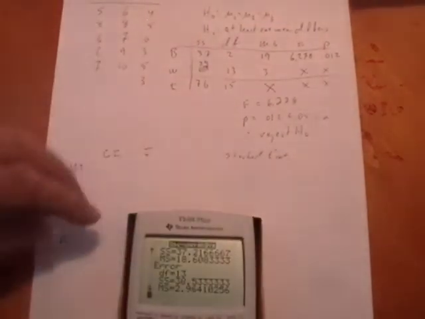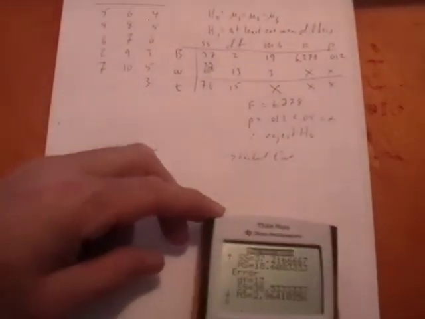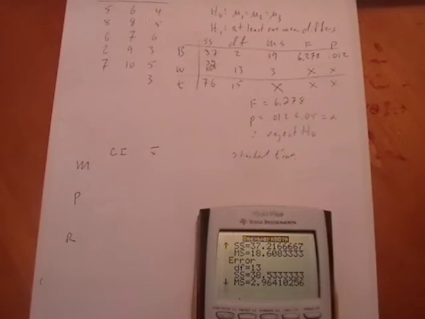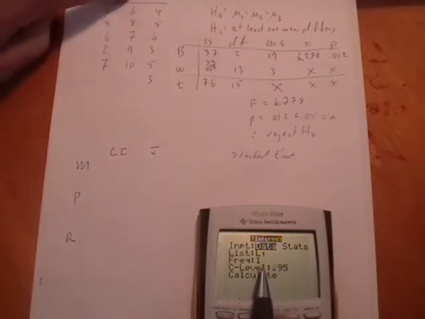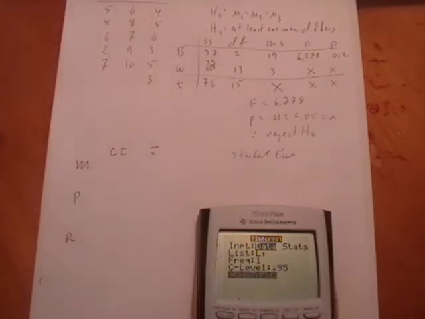Back to the calculator. First for Monica. Stat test 8 for t-interval. Input from data. List 1. Confidence level. 0.05 was my alpha, so 0.95 is my confidence level.